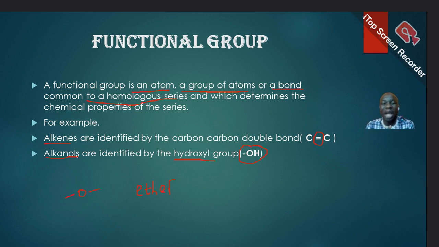So an atom, a group of atoms, or a bond that we use to identify the family an organic compound belongs to is what you call the functional group. And the functional group determines the kind of reactions the substance will undergo. So organic compounds are identified by the functional group.